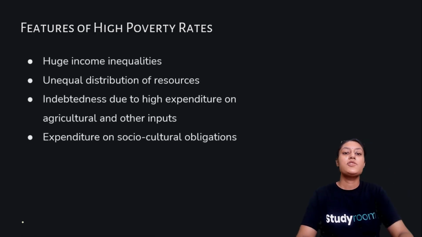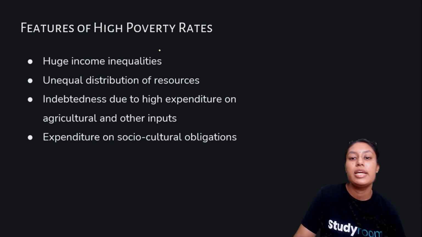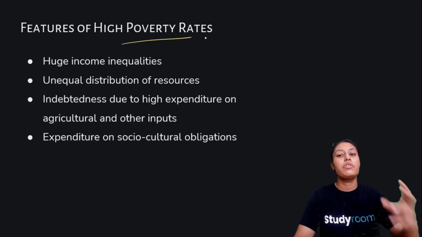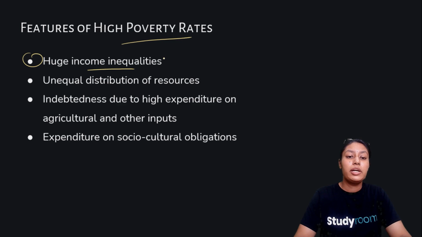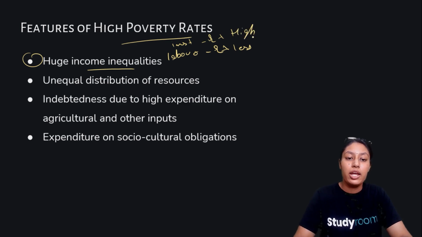Now let's discuss the features of high poverty rates. In areas with high poverty rates, what are the features and reasons? First is income inequality. For example, let's take Bihar. Income inequality means labor is paid extremely little while an industrialist is paid extremely high, so there is a huge income inequality.